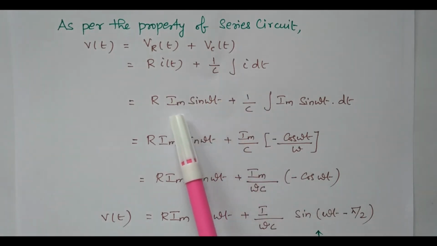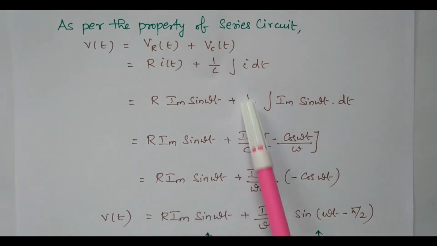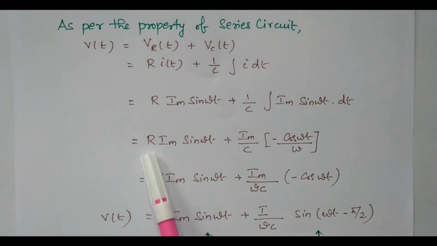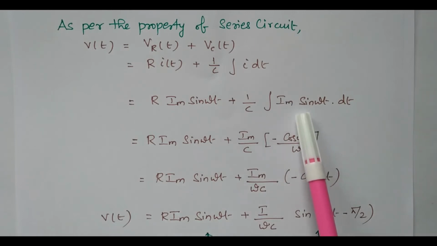I of t is nothing but Im sin omega t. So R into Im sin omega t plus 1 by C integral I of t, that is Im sin omega t, into dt. So that is R into Im sin omega t plus, Im is taken outside, Im divided by C. The integral of sin omega t is minus cos omega t divided by omega.